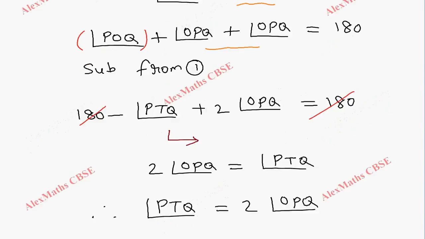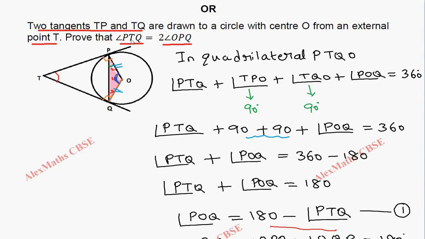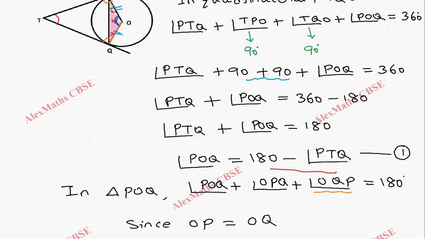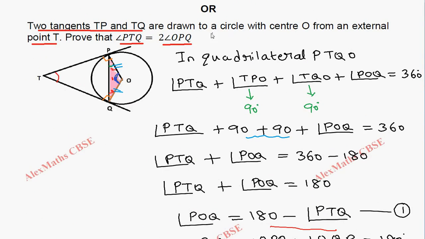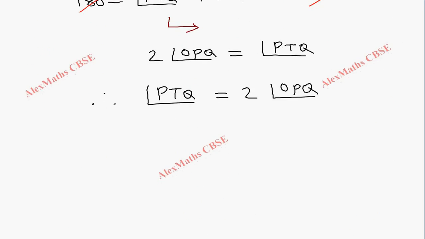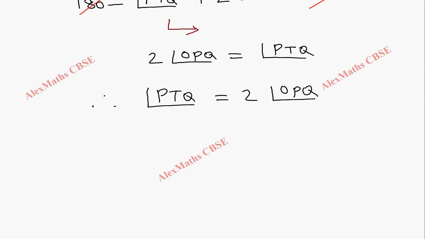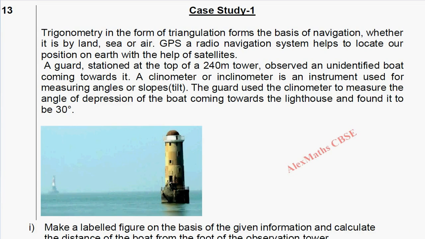So this is what is given here also. Angle PTQ on the left hand side, and on the right hand side we have 2 times OPQ. Hence proved.